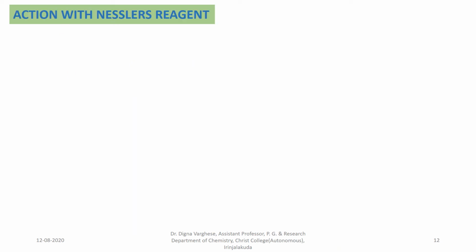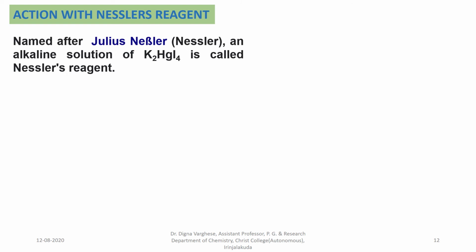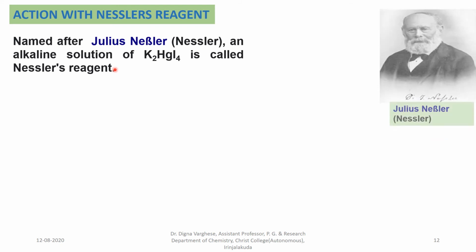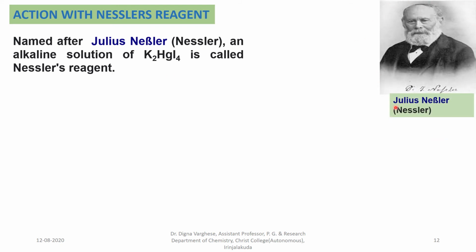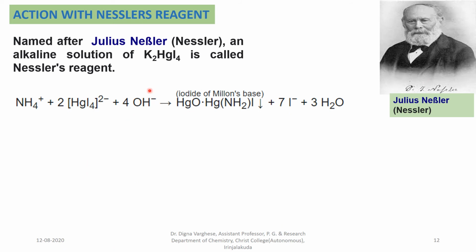Action with Nessler's reagent. Nessler's reagent is an alkaline solution of K2HgI4, and it is named after Julius Nessler, a scientist. K2HgI4 reacts with ammonia or ammonium salts in an alkaline medium.